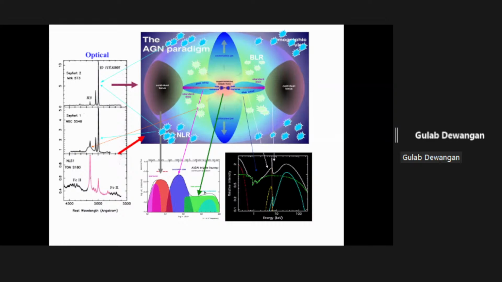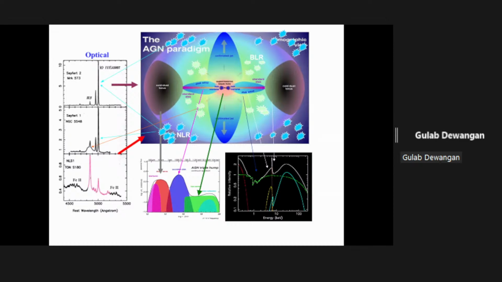So if we talk about AGN central engines, as I mentioned, we observe optical spectra. Some of the AGNs have emission lines, of course. Some of them have broad emission lines as well as narrow emission lines. Some of them have only narrow emission lines. Some of them do not show evidence for strong emission lines. And in X-rays also we observe different characteristics.